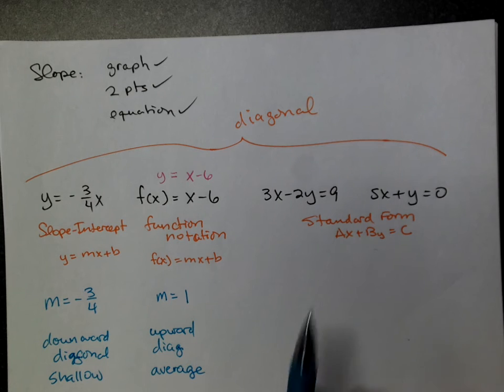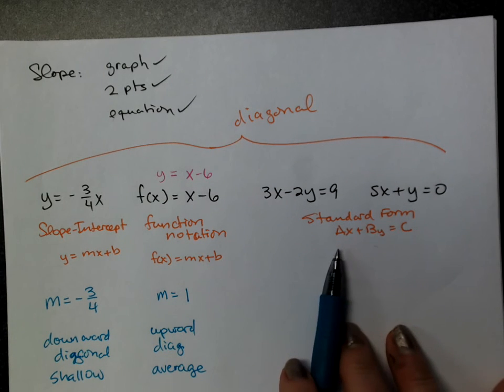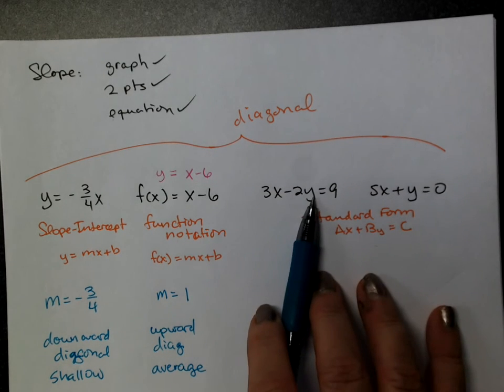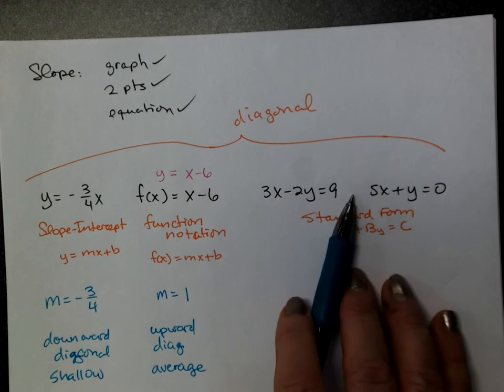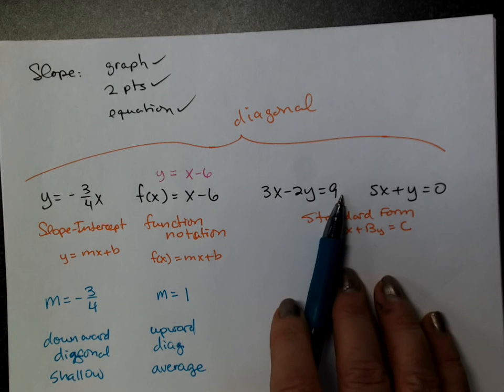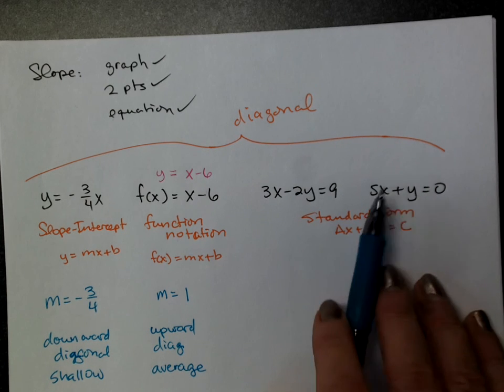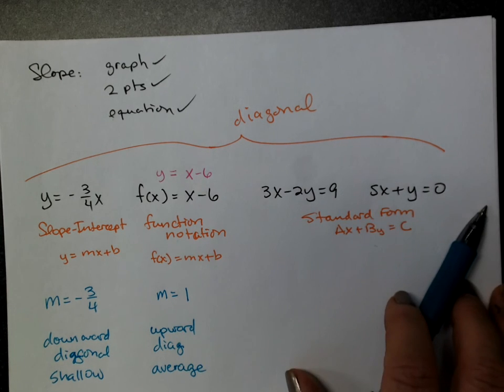Okay. Now, if you're in standard form, you can solve for y to find the slope, but that's a little more work than you have to do. But remember, when we solved for y at the end of class last week, what happened to 3x when we pushed it over here? And if we solve for y here, what happens to 5x when we push it over there?